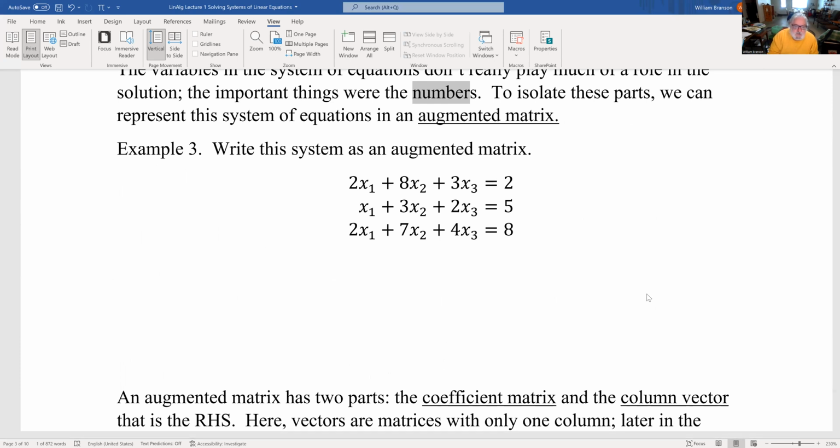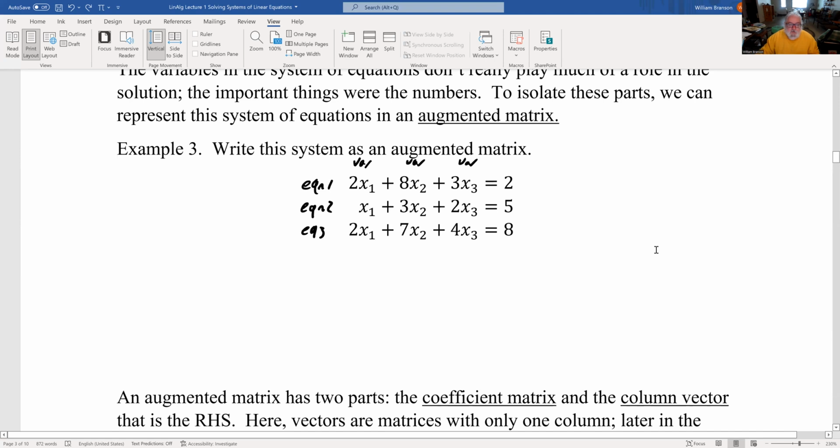So a system has got equations, equation 1, equation 2, equation 3, and variables in the columns. And there's no real name for the right-hand side. Actually, right-hand side would be a good name for that. So let's just call this right-hand side.